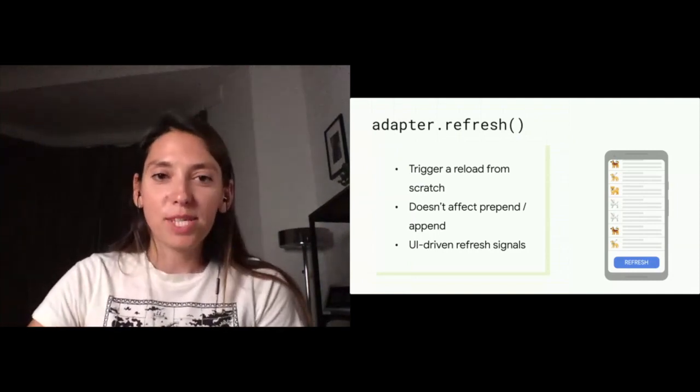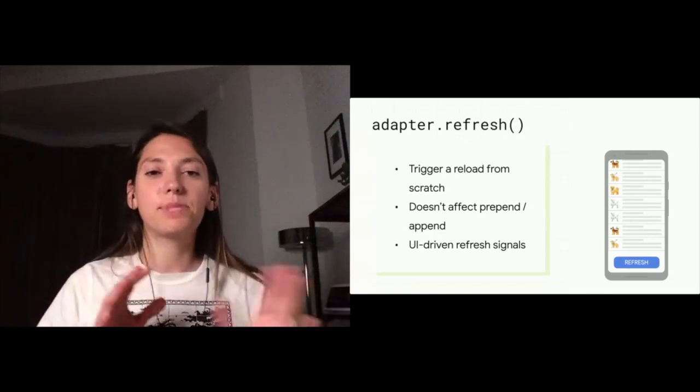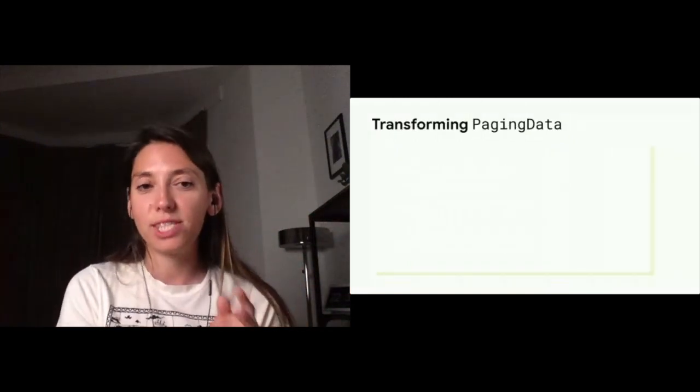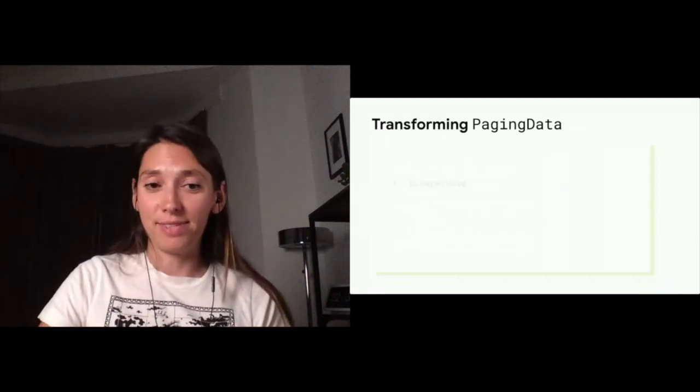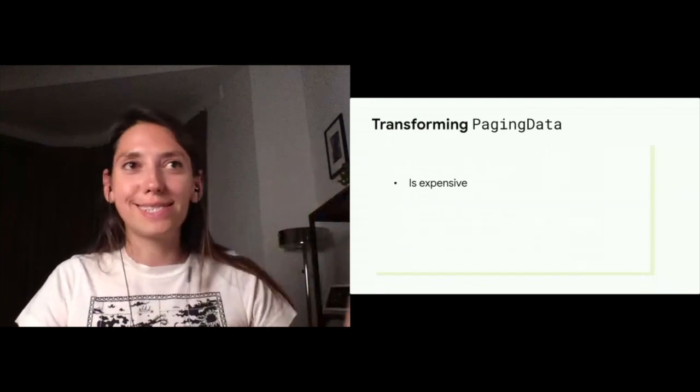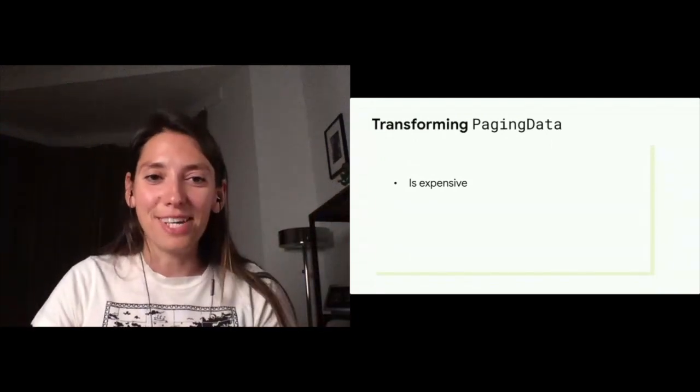Okay, so we've seen all of these types of transformations of paging data, but transforming data can be expensive, especially if you have a lot of items in memory and you're not using this max items in the configuration.